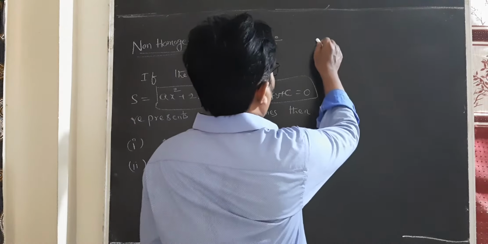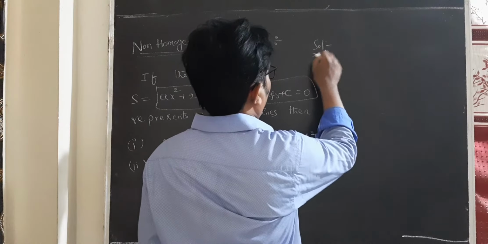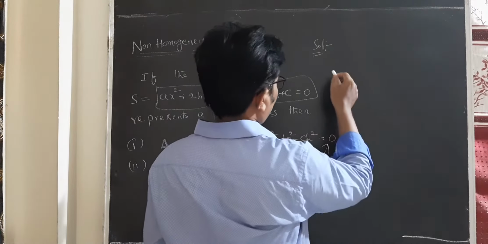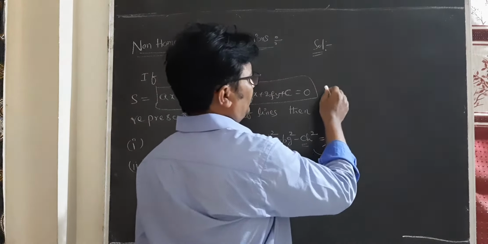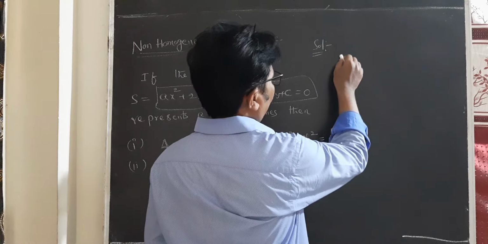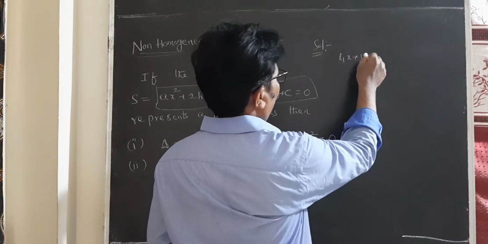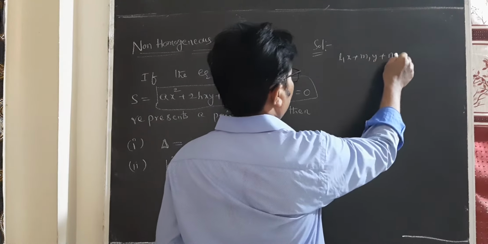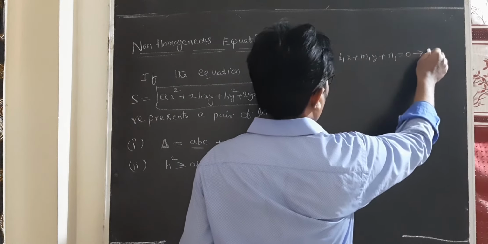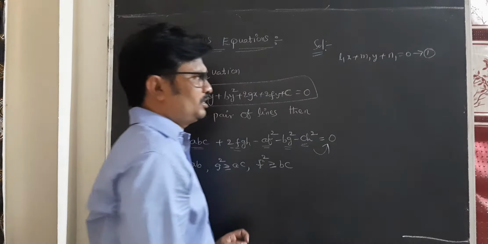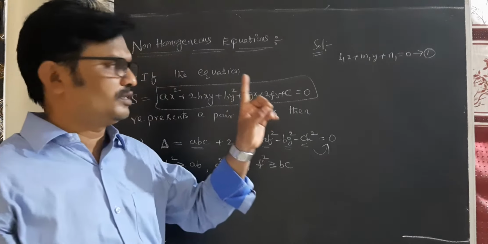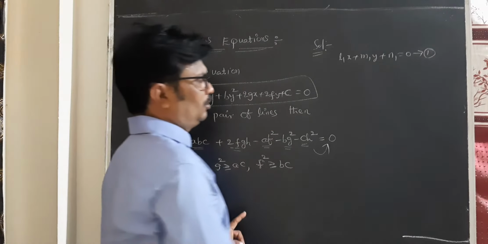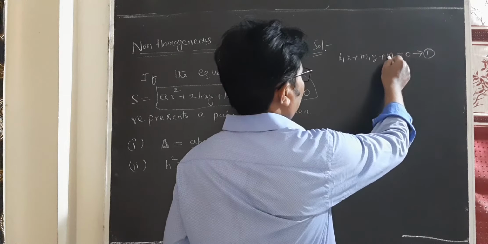Now students, let the given equation represent the lines L1x plus M1y plus N1 equal to 0. This is the first line. All of you write down first. So here we are taking the constant.